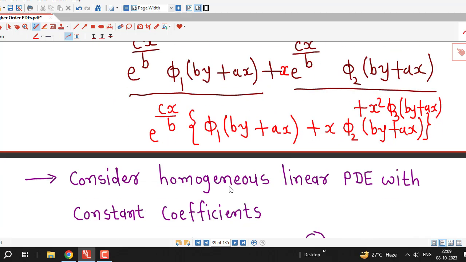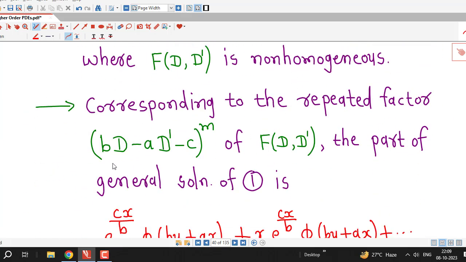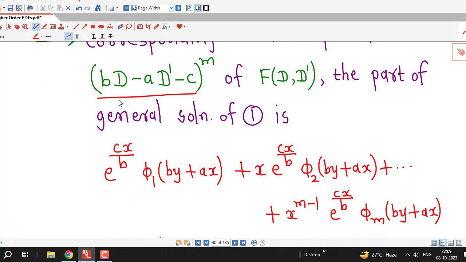So in general, if we have this type of linear factor which is repeated, say m times, then the part of the general solution corresponding to this type of linear factor is given by e raised to cx by b times an arbitrary function say phi 1 of by plus ax, plus x times e raised to cx by b times an arbitrary function of by plus ax denoted by phi 2, and if here we have the m-th power, then we have to keep multiplying up to x to the power m minus 1, and we will have m arbitrary functions of by plus ax, and there will be e raised to cx by b common in each term.